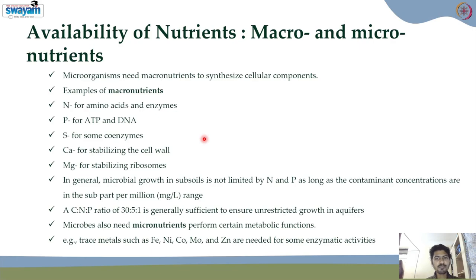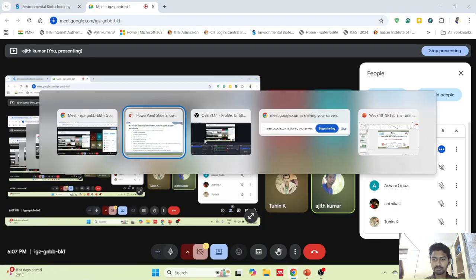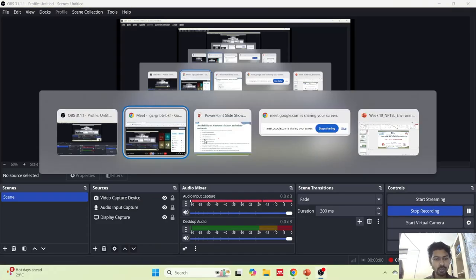And if you see the factors affecting the rate of biodegradation, the first is the availability of nutrients. And if we see the nutrients, there are two major groups, which is micronutrient and macronutrient.